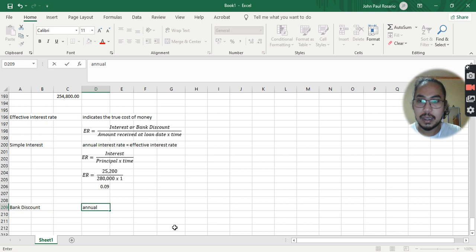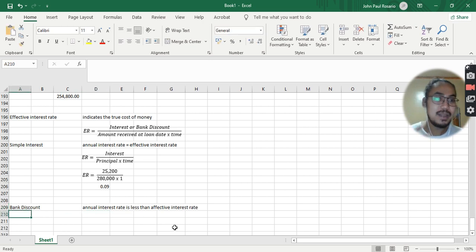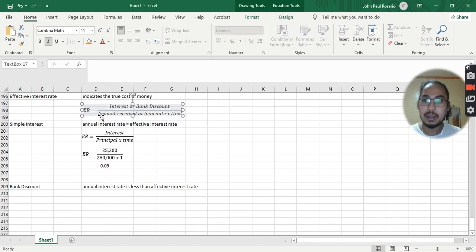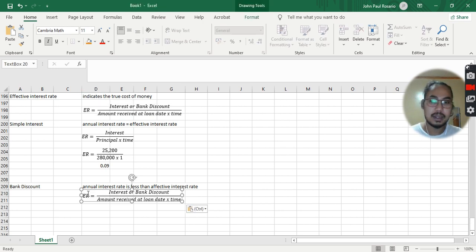the annual interest rate is less than the effective interest rate. So this means that if you borrow, simple interest is cheaper, while bank discount is more expensive and more deceptive. Okay? So why is it like that? Again, in computing the effective interest rate under simple interest and bank discount, we have kind of a universal formula.